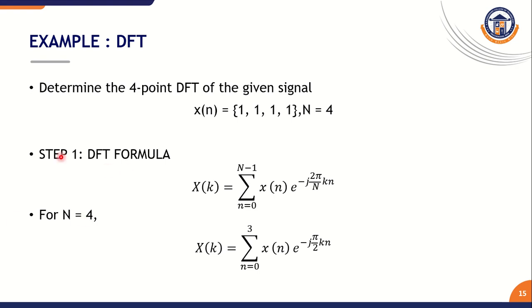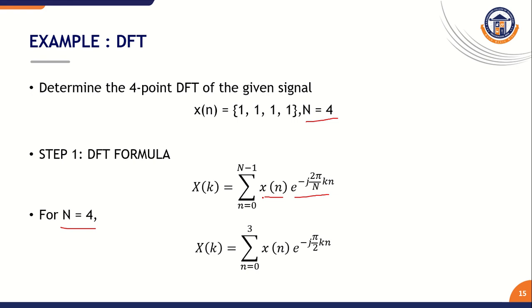Step number 1 is to write the DFT formula. Already we know the formula of DFT, that is to find capital X of k equals summation of small x of n e power minus j into 2 pi by N into k n, where capital N equals 4.